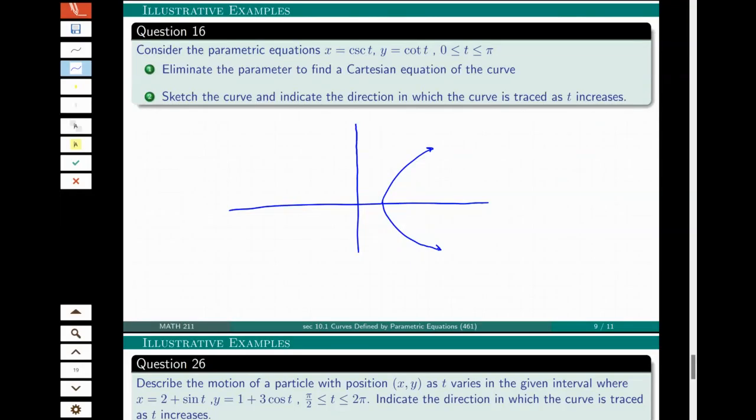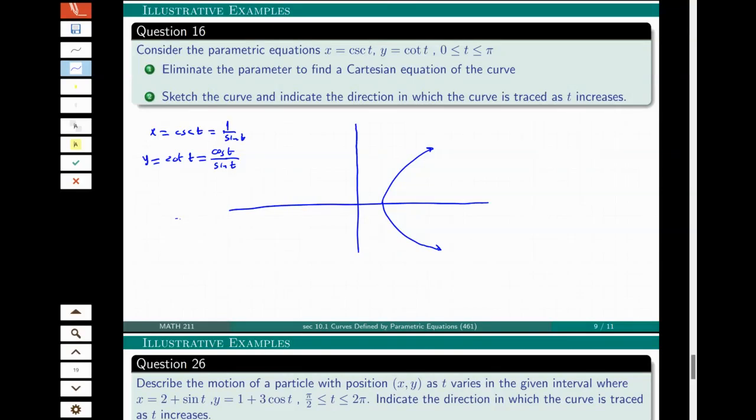So I will select just a few points. We have x equal to cosecant t, which means 1 over sine t, and y is cotangent t, which is cosine t divided by sine t. So I will select 2 points, of course, where sine is not equal to 0.